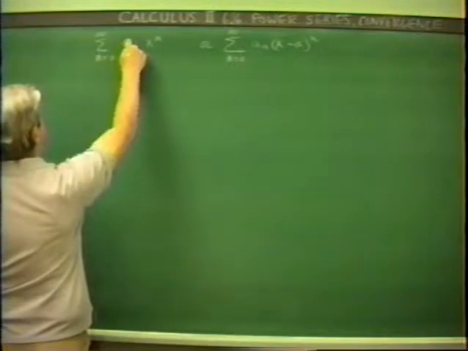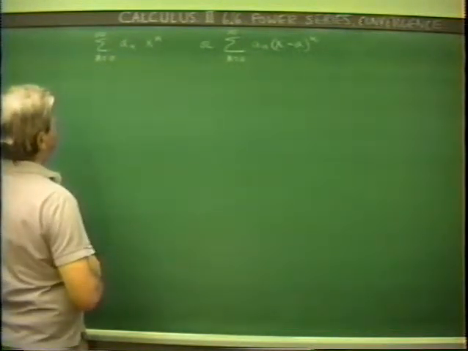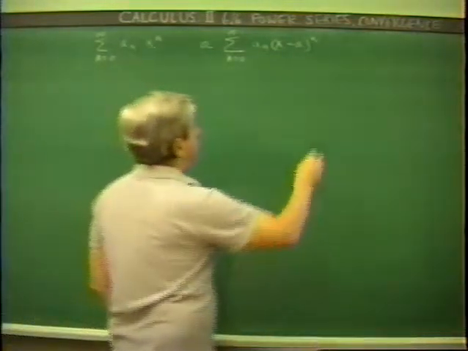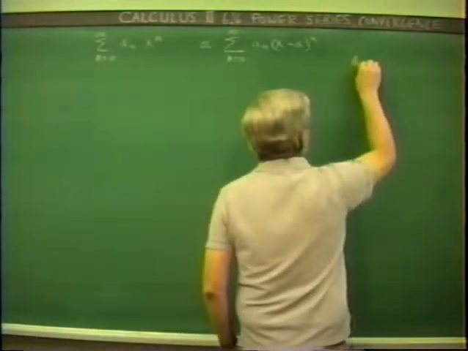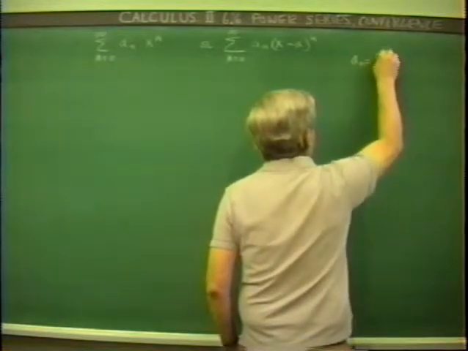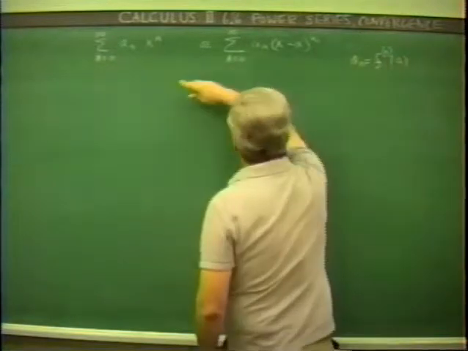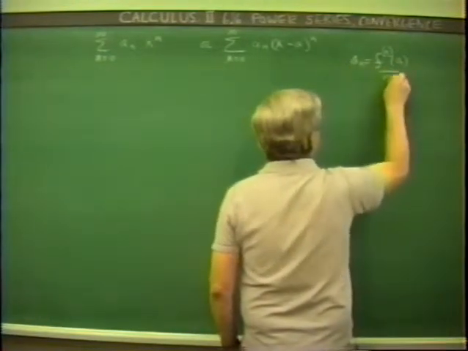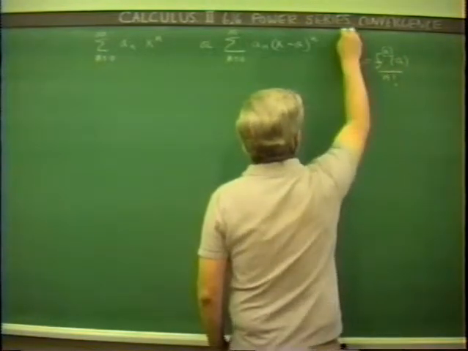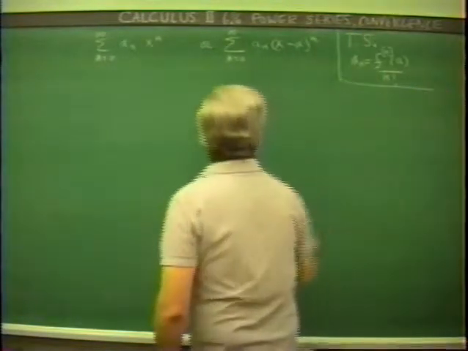And if this was a Taylor series, the a_n here would be equal to the nth derivative of f at a, or at 0, over n factorial. This is for Taylor series.